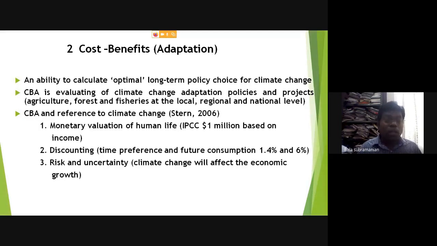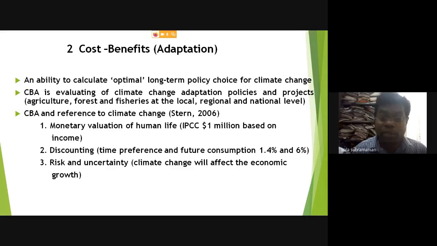Once people want to implement the value of statistical life, they have to assess the cost benefit analysis of a group of humans, in developing countries and developed countries. So before implementing the monetary valuation, we have to assess cost benefit analysis. The IPCC has a common methodology for the value of statistical life. That is one relation before implementing adaptation to climate change for human life.